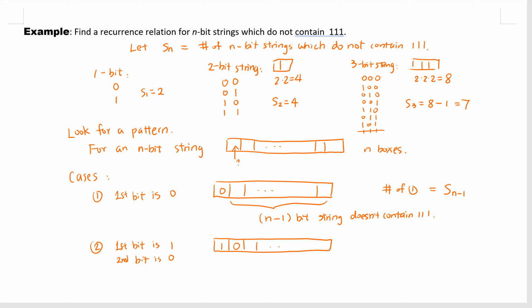Now what happened? Then here we have an n minus 2 bit string. It doesn't contain 111, right? So the number of strings in case 2 is S sub n minus 2.